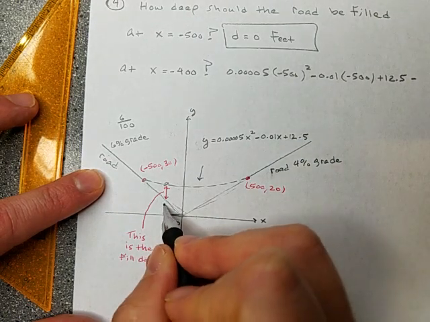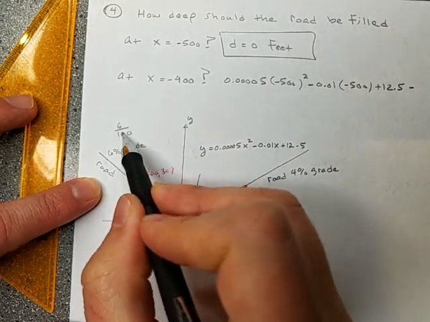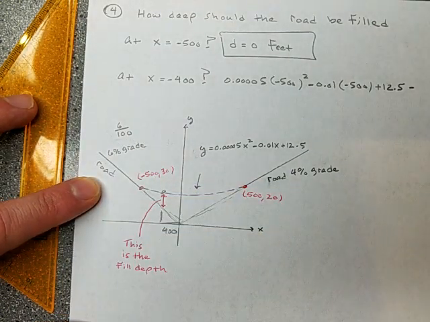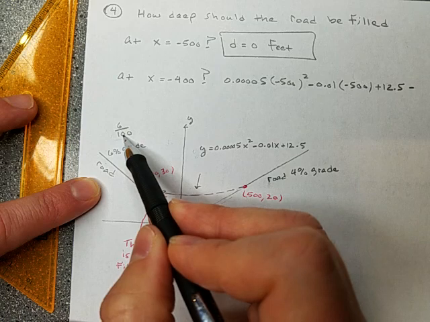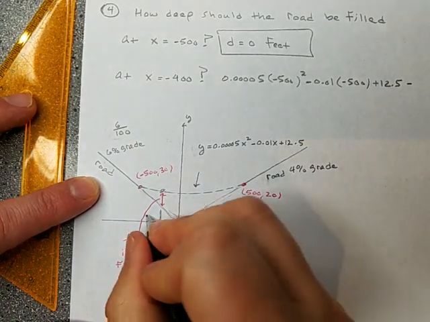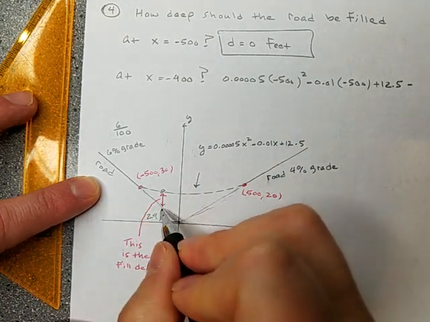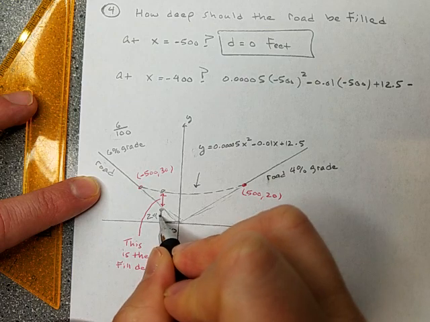How far up would this be? The rise is 6, the run is 100. If the run is 400, the rise is 4 times 6, which is 24. So that point right here is 24 feet up.